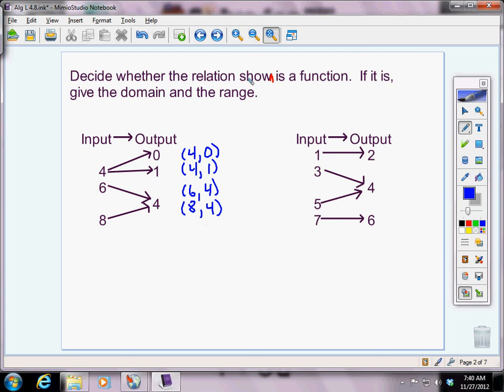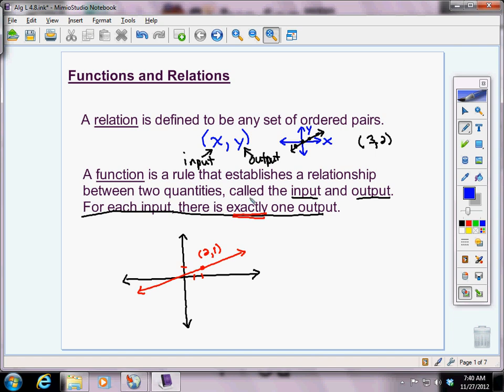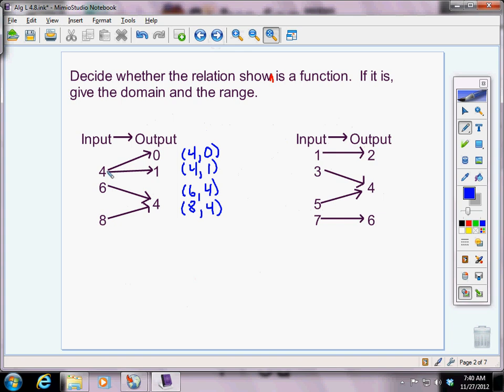Now, it does want to know whether this is a function. Remember, to be a function, for every input there is exactly one output. So if I input a 4, what do I get out? Do I get one output? No, if I'm looking here, I get 2. That's still a relation, but it's not a function, because I always think of it as inputting into a calculator.